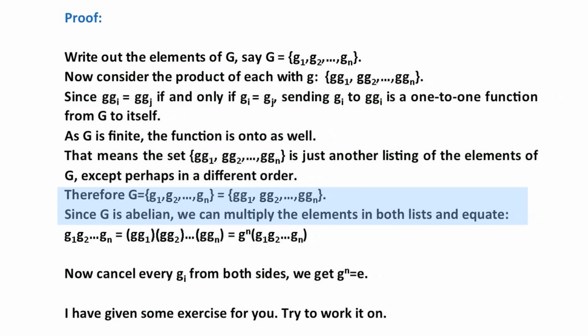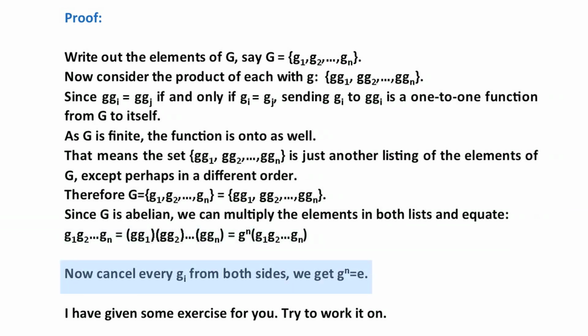Since G is abelian, we can multiply the elements in both lists and equate. g1, g2 up to gn is equivalent to gg1, gg2 up to ggn, which is equivalent to g to the power n times g1, g2 up to gn. Now cancel every gi from both sides, then we get g to the power n is equivalent to E.